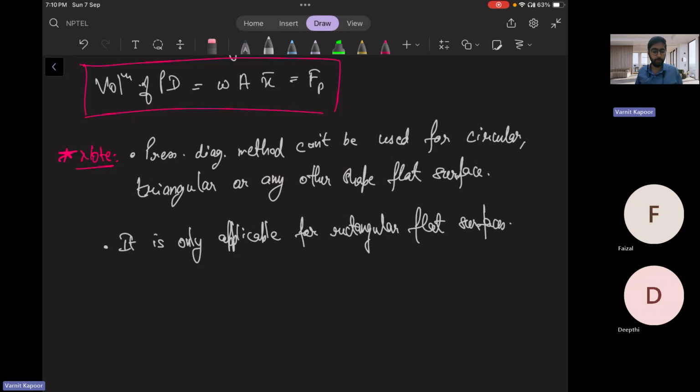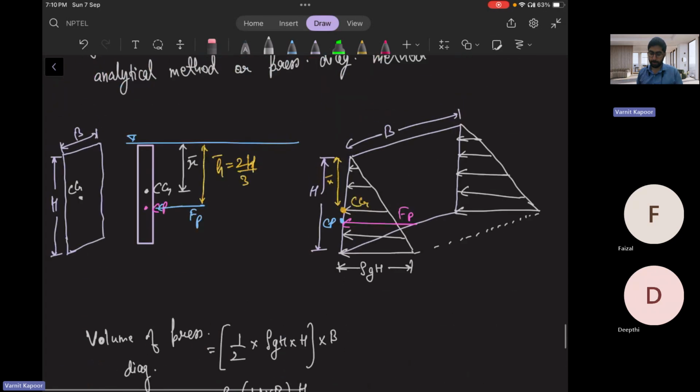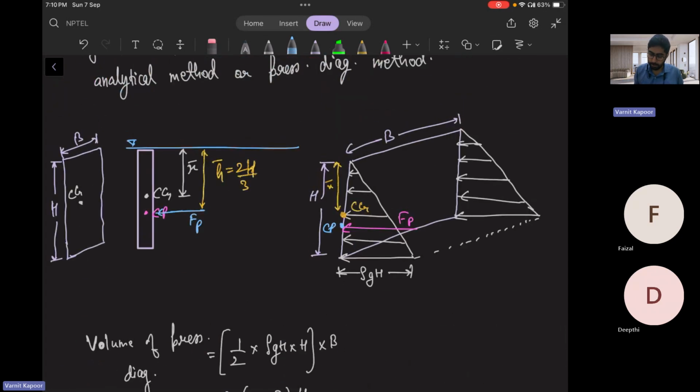Okay, this is one. Another analytical method can be that you just calculate the pressure at the center of gravity and then multiply with the area of the body. You find the pressure at the center of gravity, that is, if this is your center of gravity, you find pressure here instead of at the center of pressure.